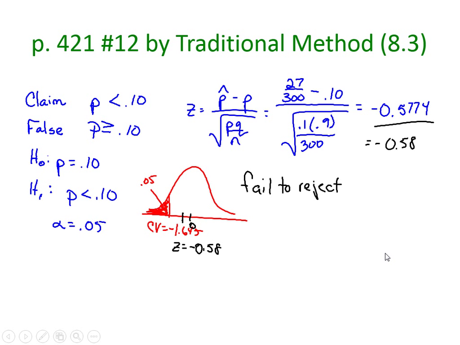This is saying it can't support the claim that we're wrong less than 10% of the time, which means that if it can't support that, it could possibly be wrong more than 10% of the time. And if my job depended on the drug test coming back showing I wasn't taking marijuana, I want it to be right more than just 10% of the time, or not wrong less than 10% of the time. So I want something a little bit more accurate than what they were talking about here. Questions on that one? So it's wrong too often to be really considered reliable in this case.